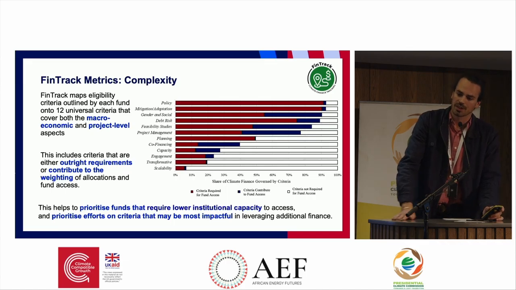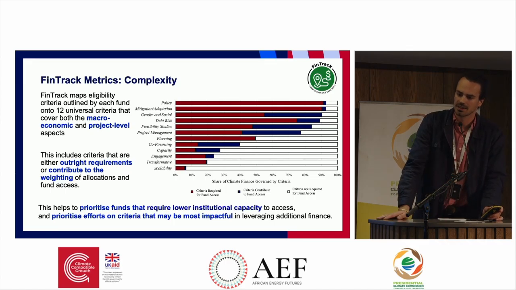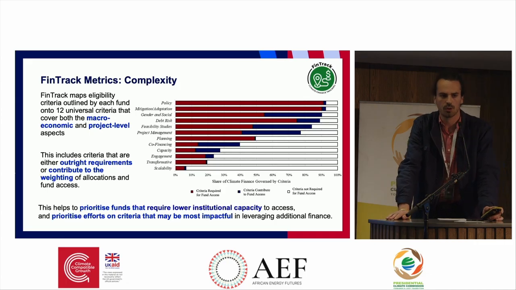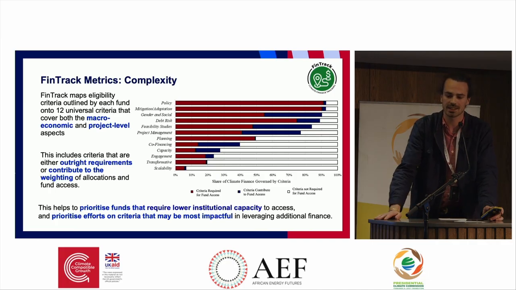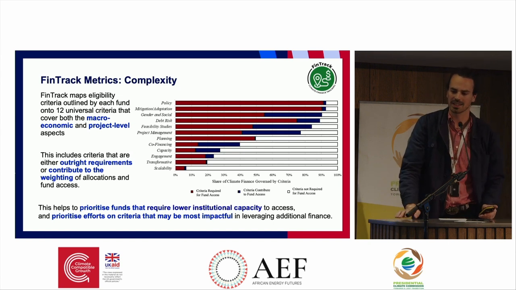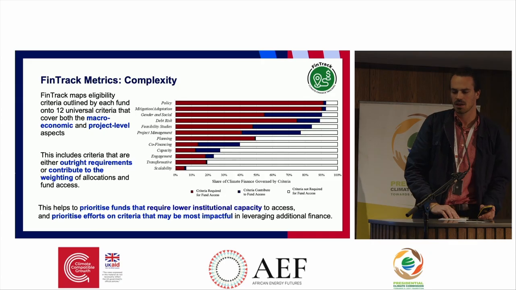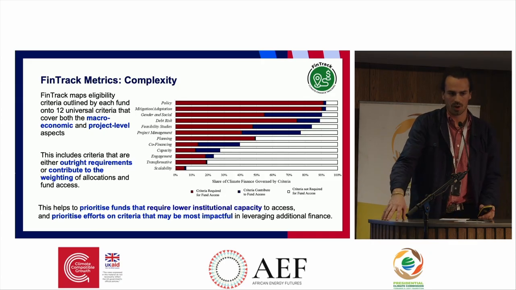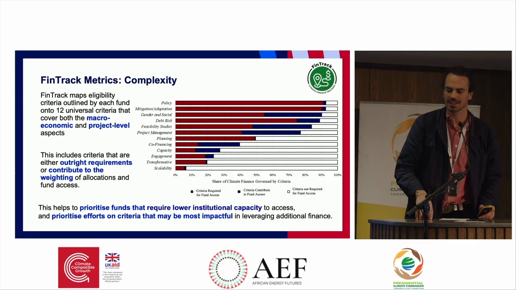Then we also look at the complexity of accessing these funds. So depending on the concessionality, typically, more concessional funds will require more criteria when it comes to accessing the finance available. So we map what's normally quite a complex list of requirements onto 12 standardized requirements to assess whether or not each of these are either required or contribute to the access of this fund.